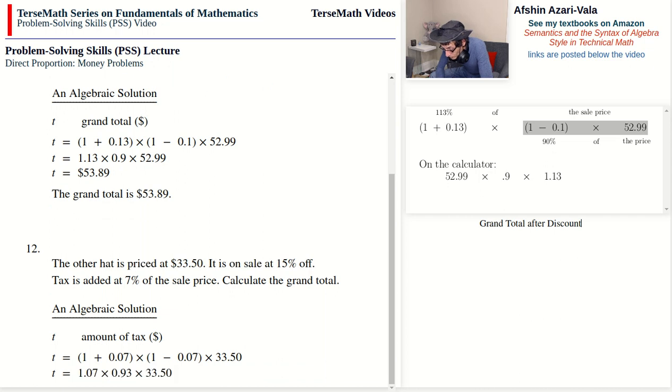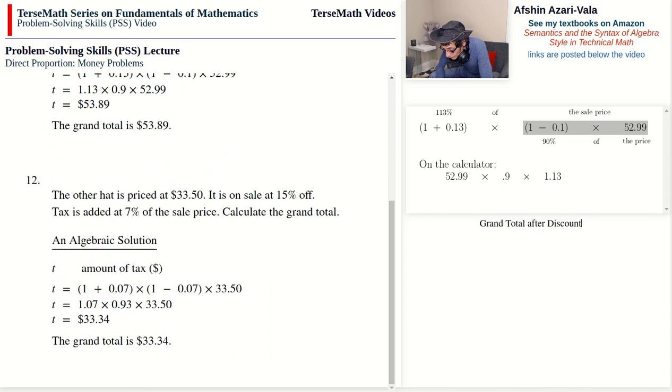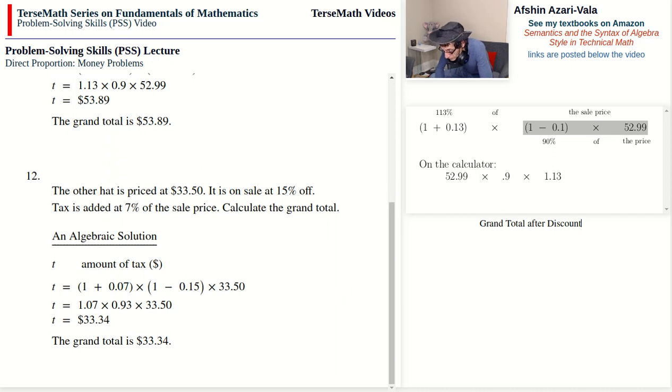So 1.07, that's 107%, times, now you see it reverted back. And we are going to fix this again before we end the video. Alright, so this should be 0.15. Alright, so now we have 85% of the price, and this should be 0.85.